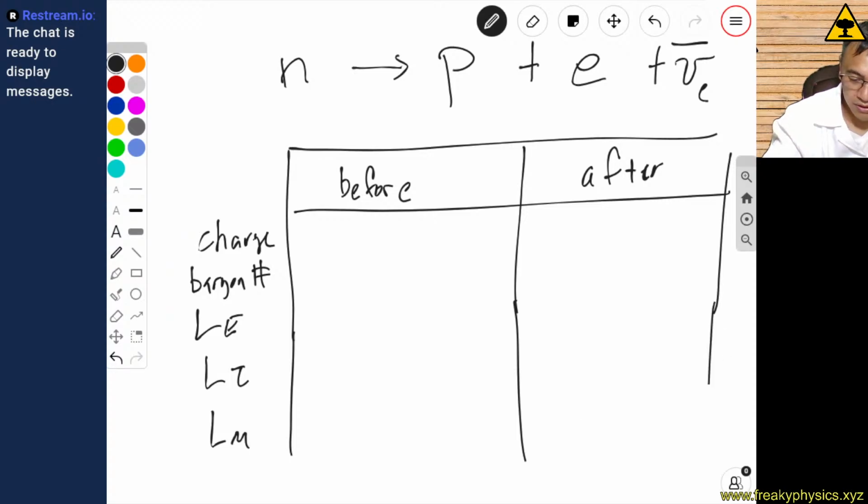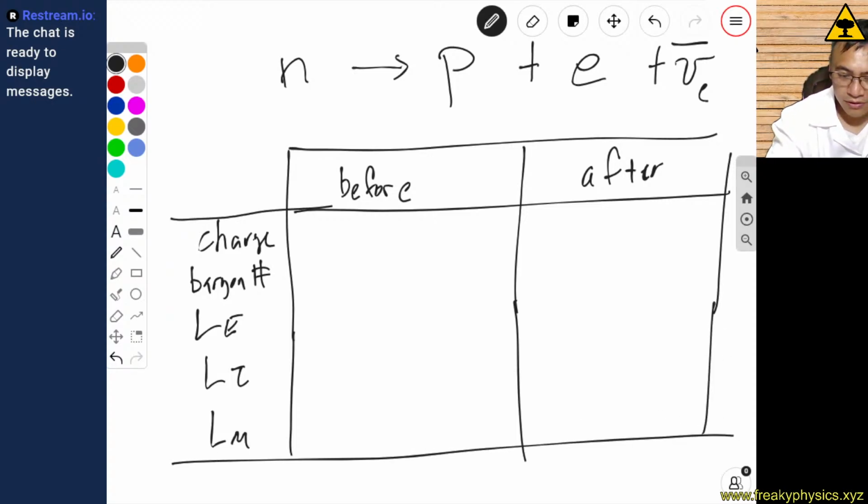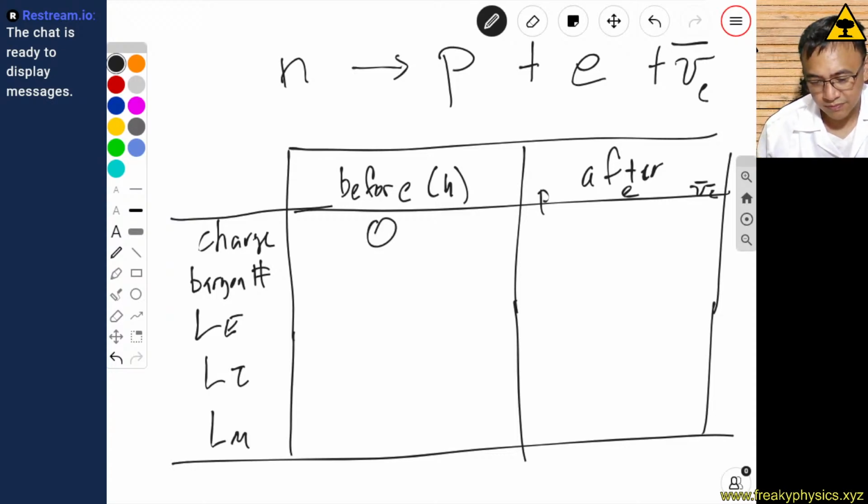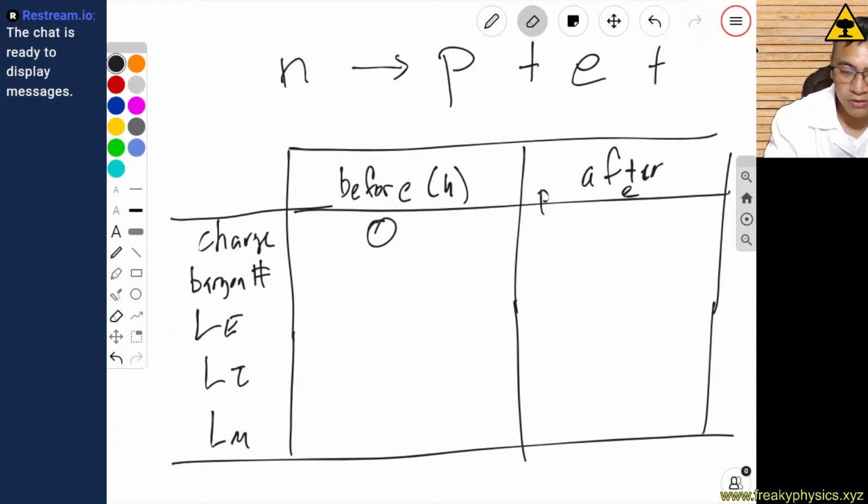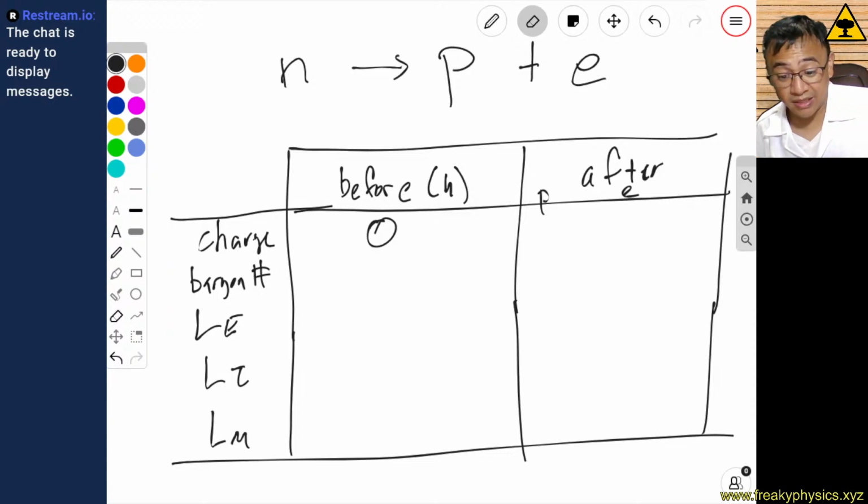These are the main quantities we're interested in. Before, we have the neutron. After, I'm going to put the three things: the proton, the electron, and the antineutrino. Before, the charge is 0, right? Now, here's the thing though. We're going to assume that we don't have the antineutrino just yet.